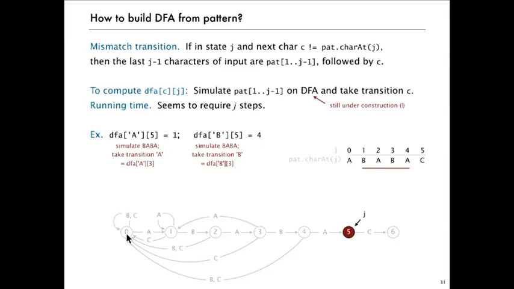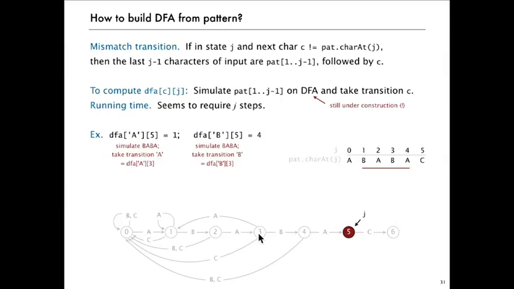We want to put the machine in the state as if we had backed up, but we don't want to back up. So if we see a B, we stay in 0. If we see an A, we go to 1. Then we see a B, we go to 2. And if we see an A, we go to 3. So now we're in state 3.